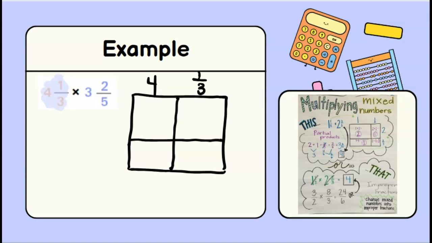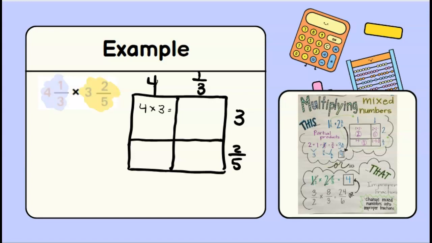Next, I'm going to take my second factor and write it on the rows. So I'll write my integer next to the first row, and my fraction next to the second row. This is going to be like a box multiplication method. Here, I'm going to multiply 4 times 3.